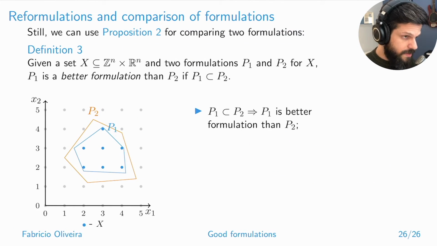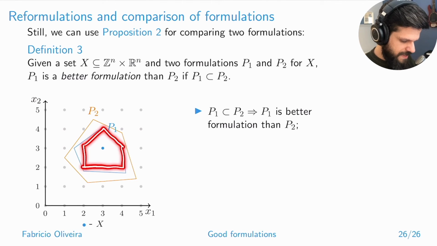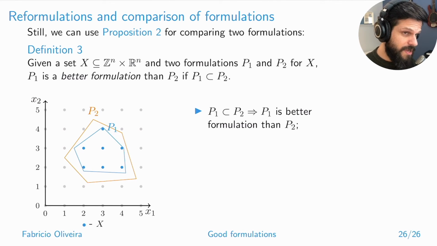In these two pictures, you can see that P1 is not exactly the convex hull. It's pretty good. And if I were to compare P1 and P2, in this specific case, P1 is a better formulation than P2 because it can be shown to be within P2. Basically, you can think of the amount of fat that you have to remove to get this lean cut that is the convex hull. You have less fat to remove here than you would have with P2.